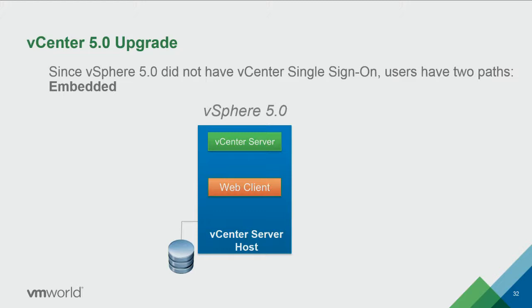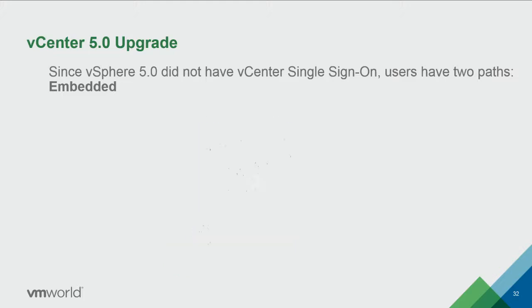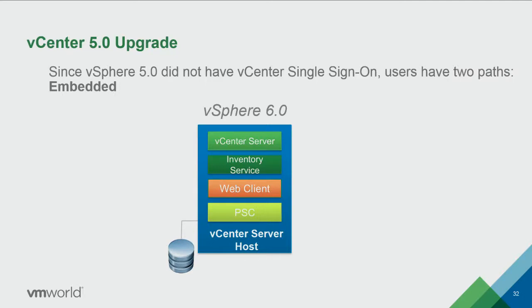So for 5.0, you have the potential for upgrading your 5.0 deployment to an embedded deployment or to an external PSC deployment. If you were to choose embedded, you would upgrade and you would essentially get the additional components that we now have in 6.0. So you would essentially upgrade and get a 6.0 server.